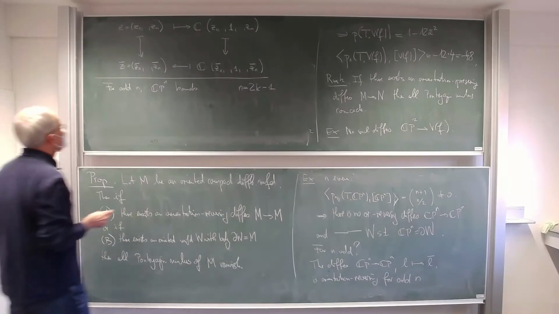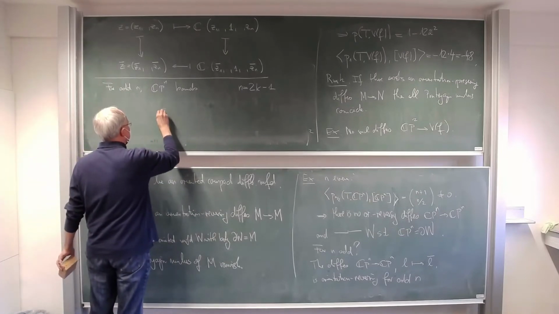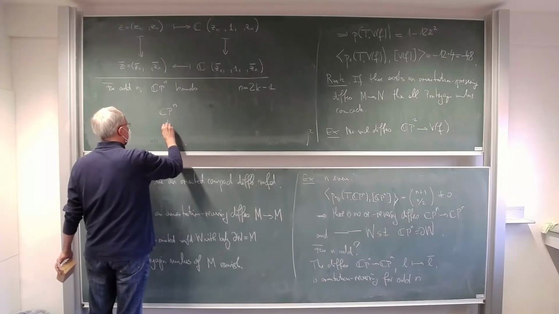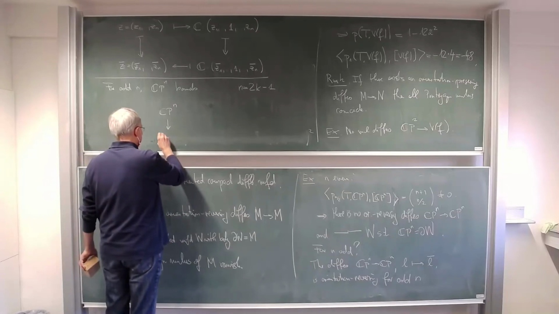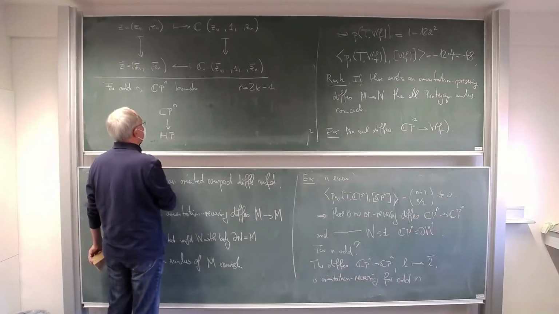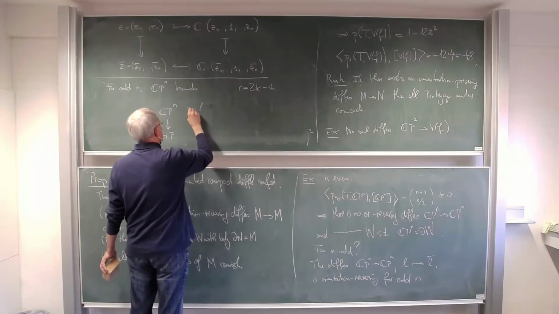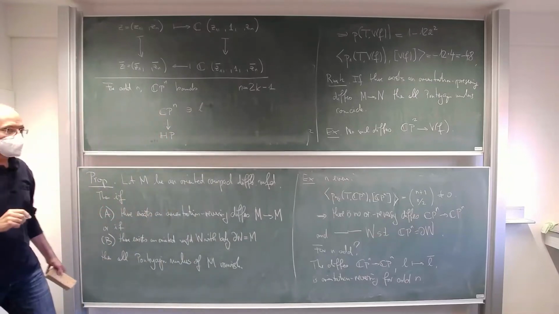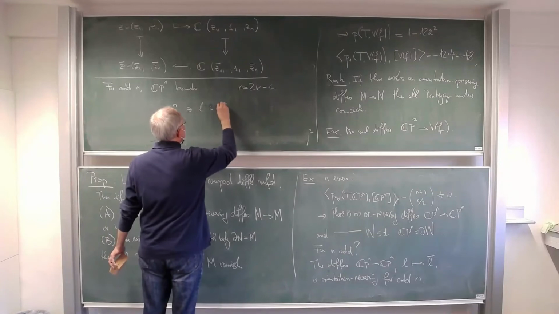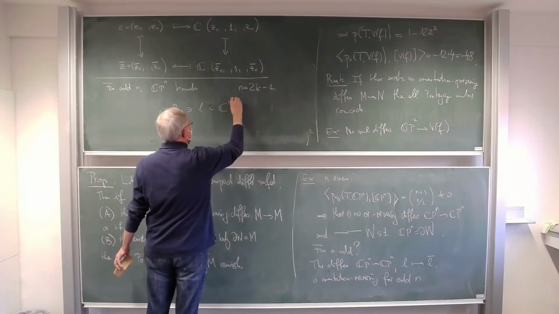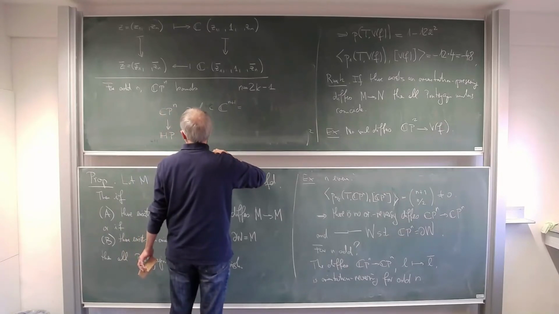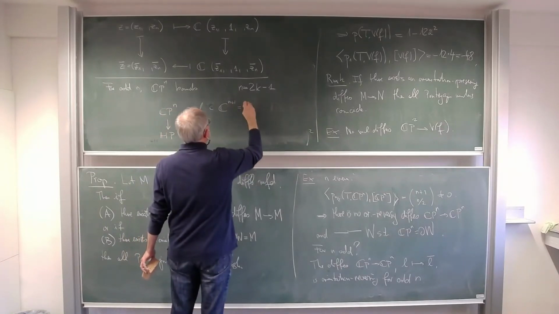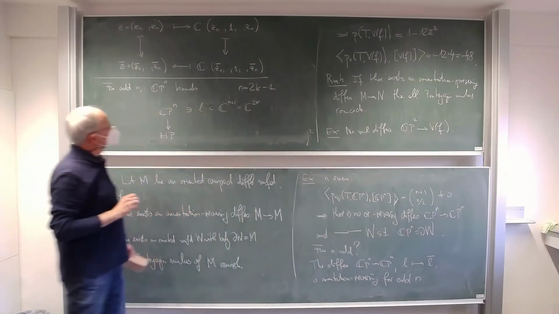Now we have the following map, from CP^n to a quaternionic projective space. What is the map? I take a line L, a complex line in C^(n+1), which is equal to C^(2k).